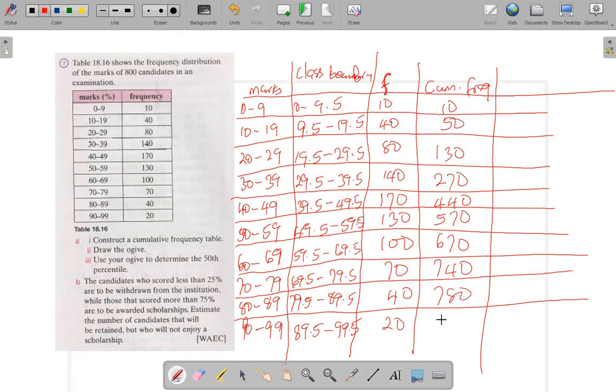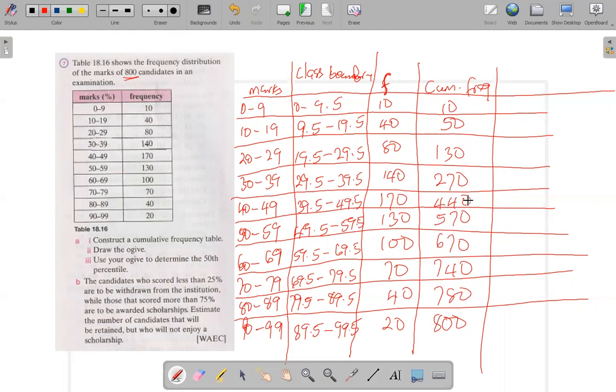Then 780 plus 20 is 800, which agrees with what we have here. So the total is 800 candidates. When you form your cumulative frequency, if the final value does not agree with the total number of items you're working with, that means there's a mistake somewhere.